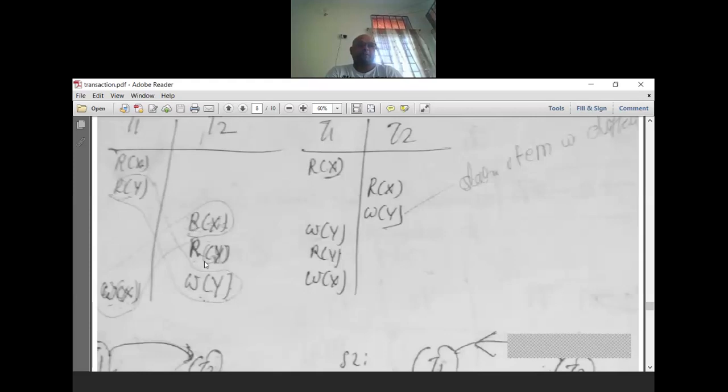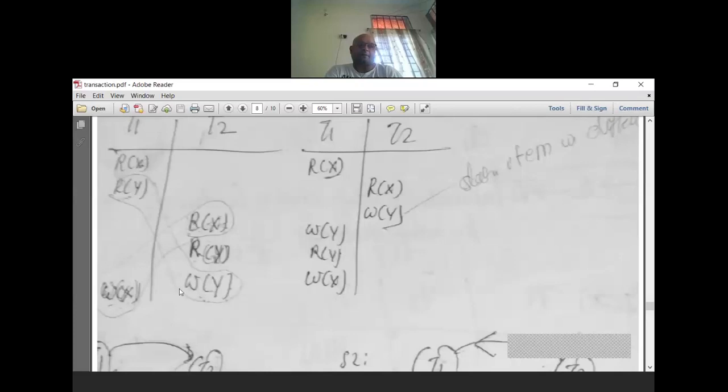Read X, read Y will never conflict because the data items are also different. Read X, write Y: it will not conflict, because read X and write X conflict, but here it is read X and write Y. It is a read-write pair, but on different data items. That is the X data item, and this one is the Y data item. So this one will not conflict.